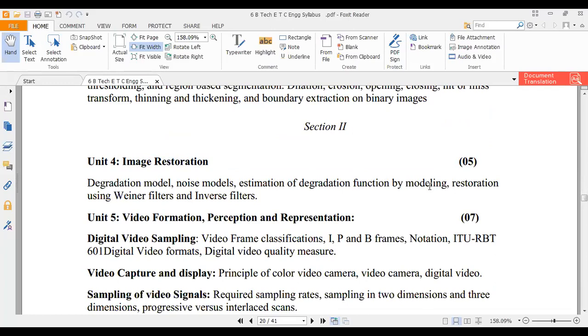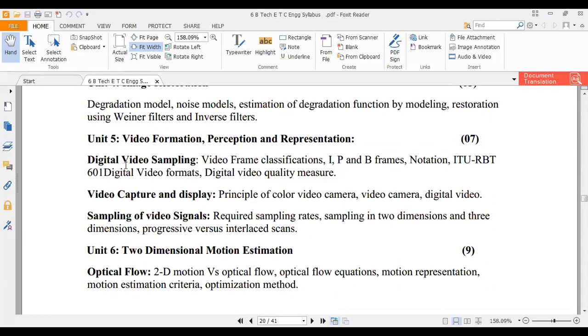Okay, so I hope everybody will get it. The last points, the Wiener filter and the inverse filter, were remaining in the fourth chapter. Once we have completed the fourth one, we will be starting with the fifth chapter, video formation, perception, and representation.